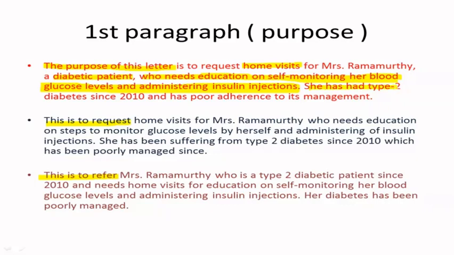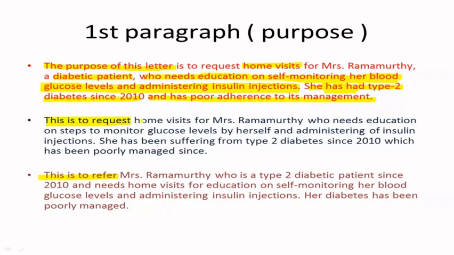She has had type 2 diabetes since 2010 and has poor adherence to its management. So we are saying that she has had, means she started having this problem in 2010 and she still has it. That is what you mean by has had. Okay. So has had type 2 diabetes, and so check out the next one.